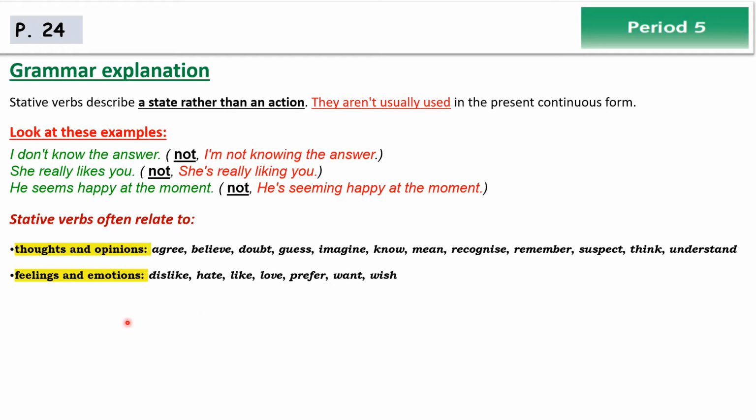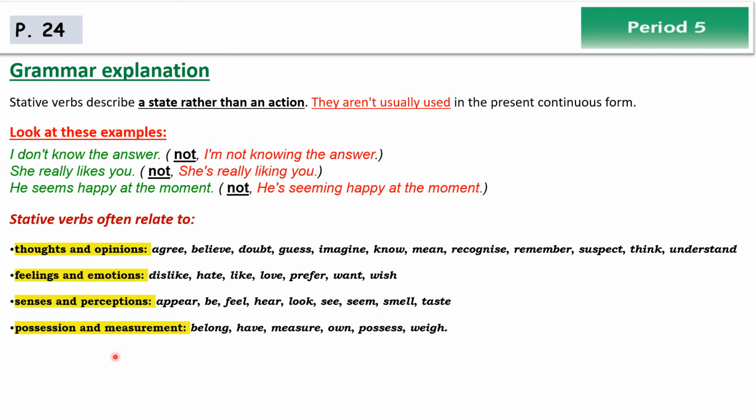Stative verbs also relate to senses and perceptions, verbs like appear, be, feel, hear, look, see, seem, smell, and taste.